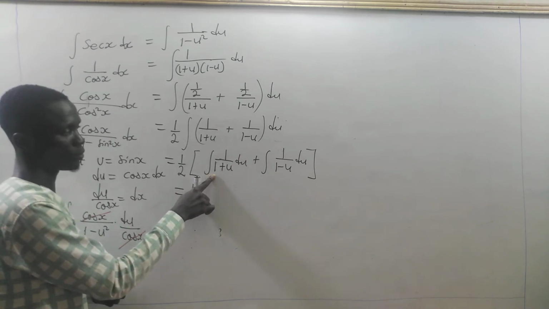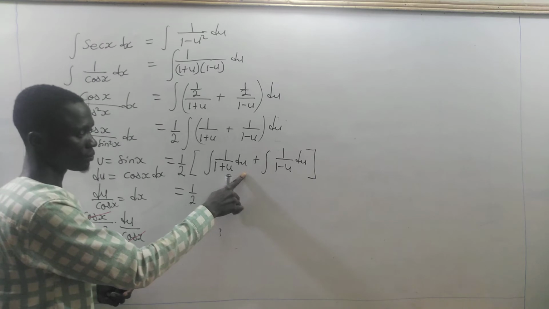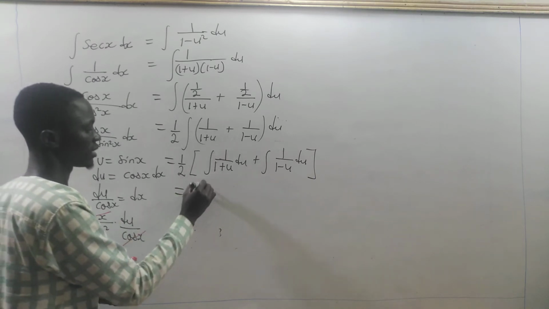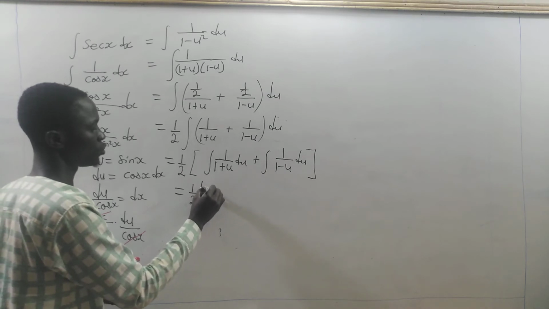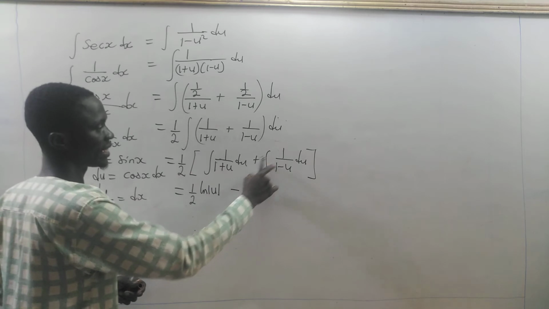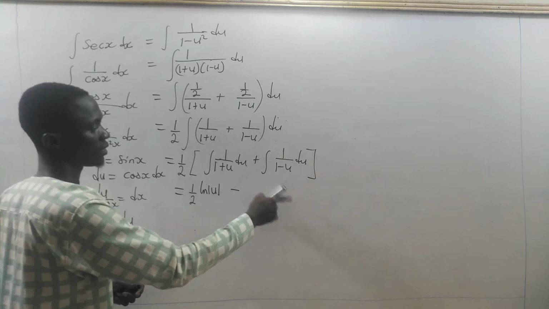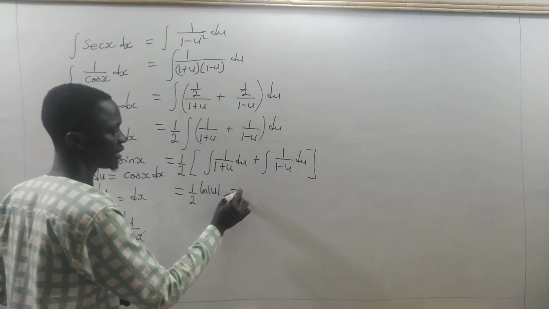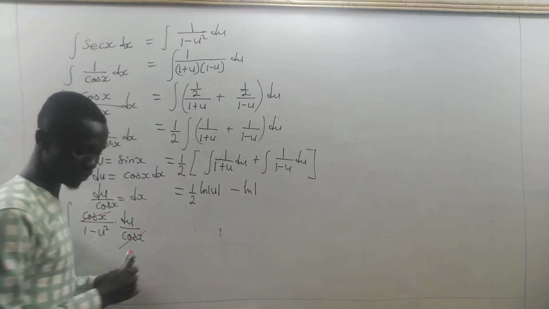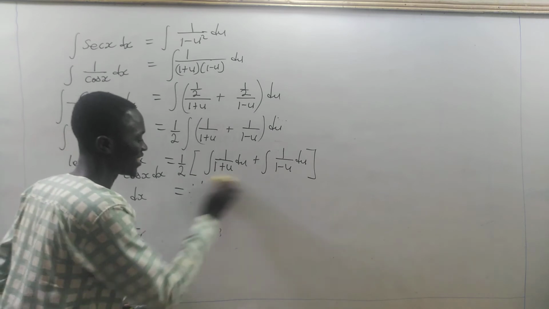If we integrate this, the integral of 1 divided by 1 plus u, we are going to get the natural log of u, minus, if we integrate 1 divided by 1 minus u, we are going to have negative natural log of, oh sorry, this is not u.